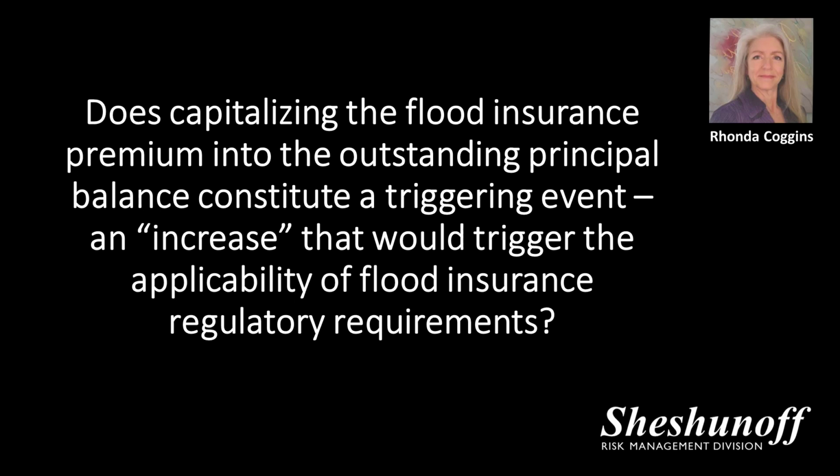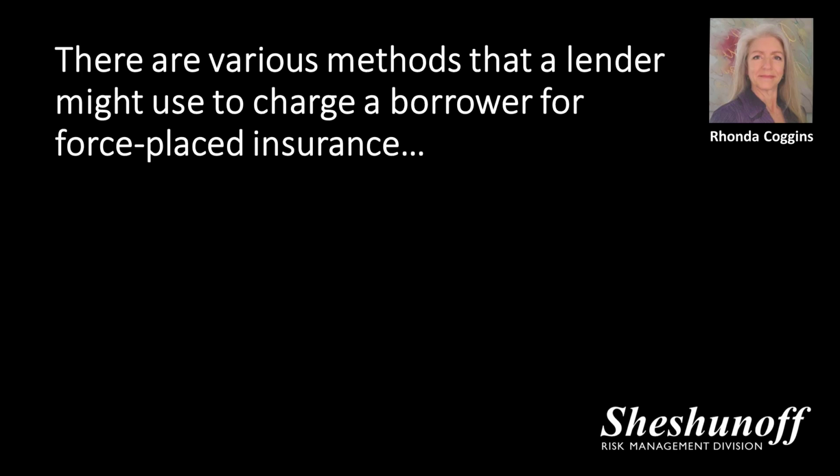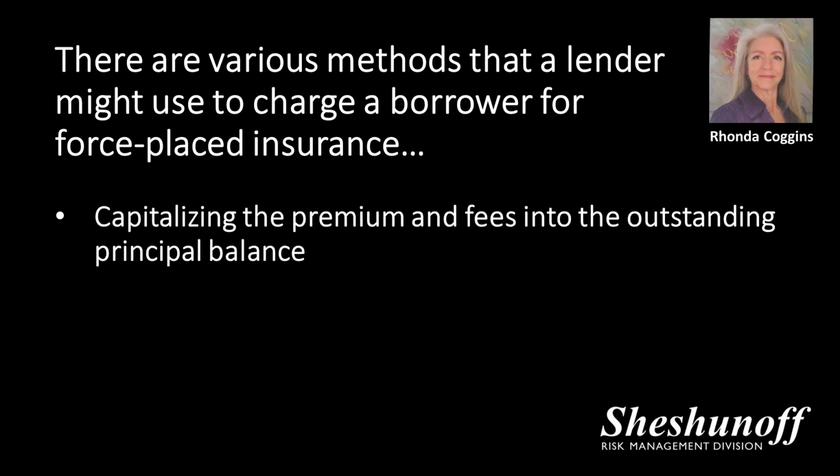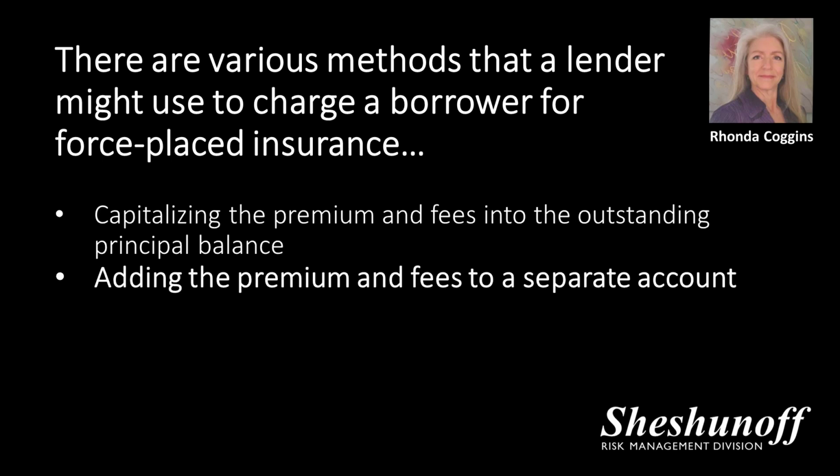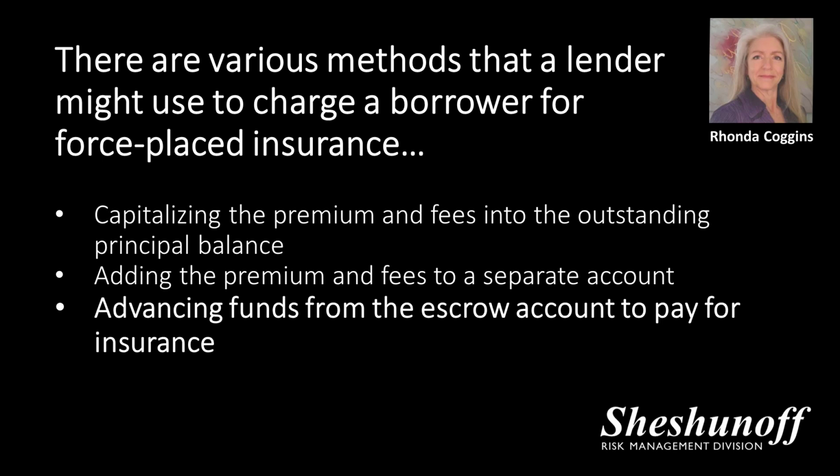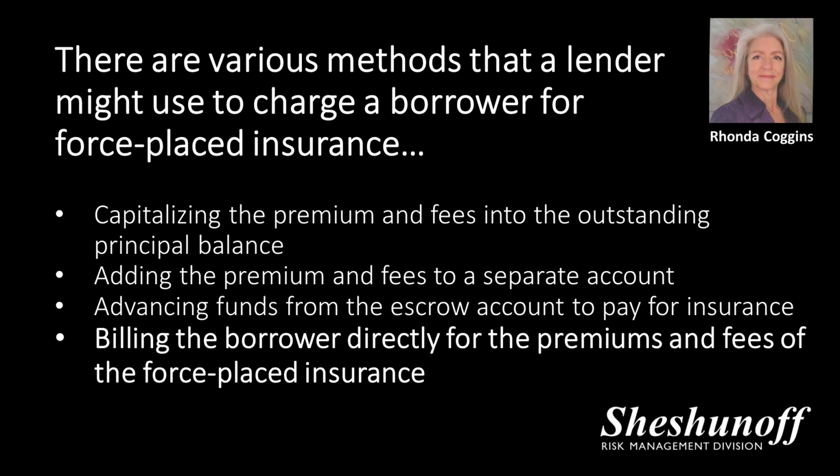As the response first indicates, there are various methods that a lender might use to charge a borrower for forced place insurance, such as capitalizing the premium and fees into the outstanding principal balance, adding the premium and fees to a separate account, advancing funds from the escrow account to pay for the insurance, or billing the borrower directly for the premiums and fees of the forced placed insurance policy.